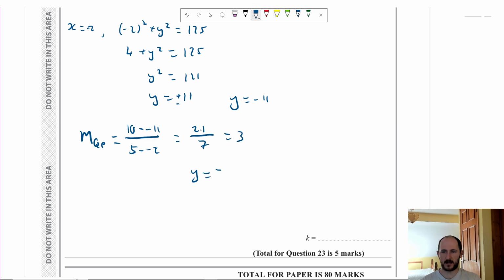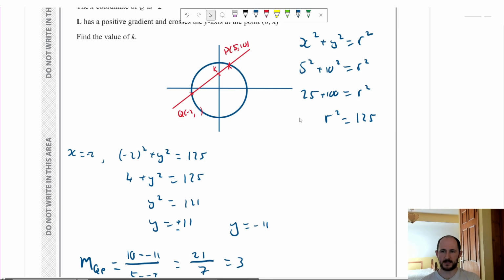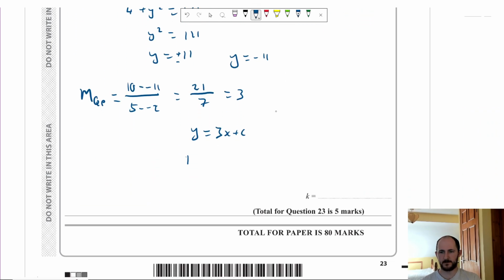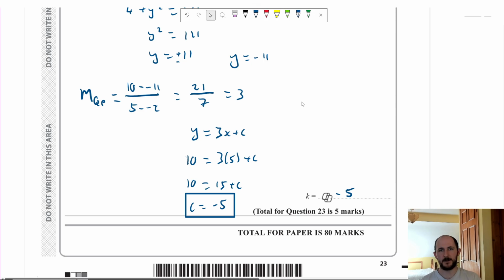So if y equals 3x plus c, then if we just sub in one of the coordinates, let's sub in x is 5 and y is 10. Then there we go. That is our value for K.